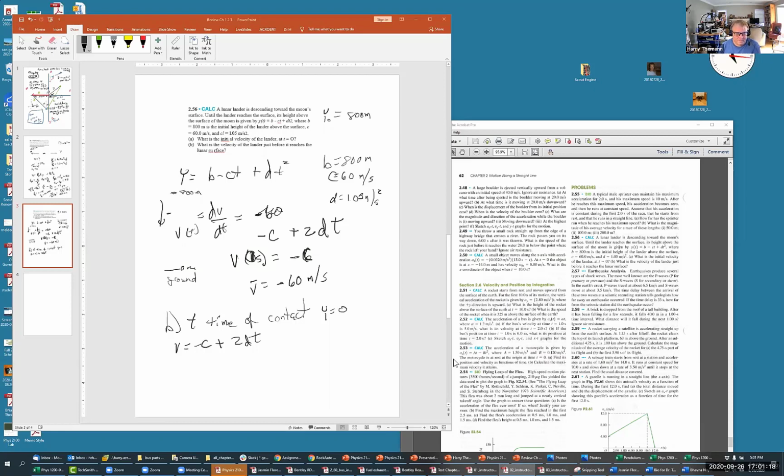So the second derivative of this, oh well, anyways, so that means that the way to do this is to take this equation.